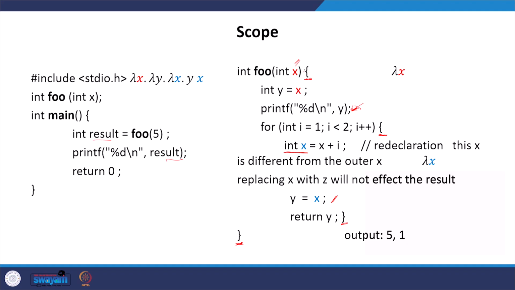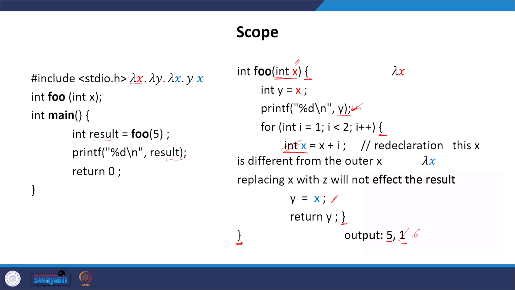And here the first time when we passed 5, it printed 5. Now if we remove this int, that means this x is this x, the red x. So this will be 5 plus 1, this will be 6. So then the output will be 6. So the correspondence between this and the lambda term is this lambda x, that is this int x.